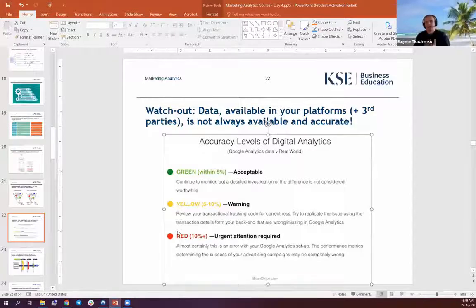If the number of visitors who came from Facebook to your website versus the number of clicks indicated by Facebook differs by more than 5 or 10%, it's a big question mark. But if it's more than 10%, it's a big no-no. So you need to think and check how, for example, your Google Analytics is set up. Every case is very specific and unique.